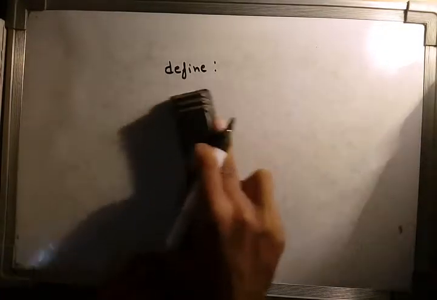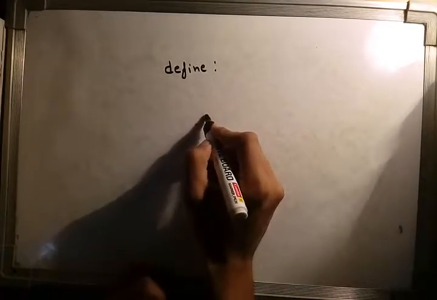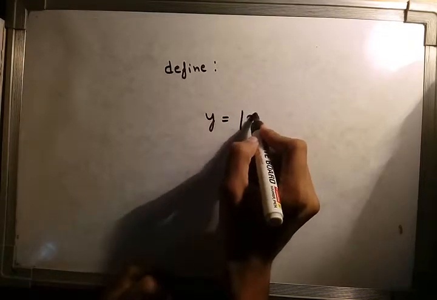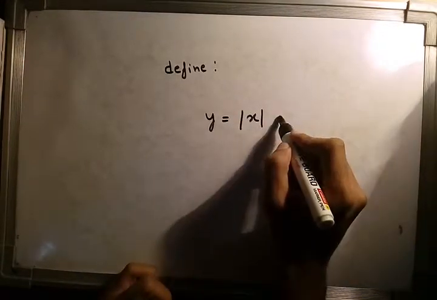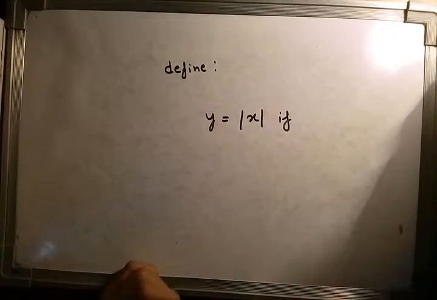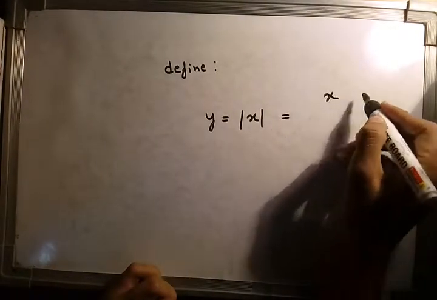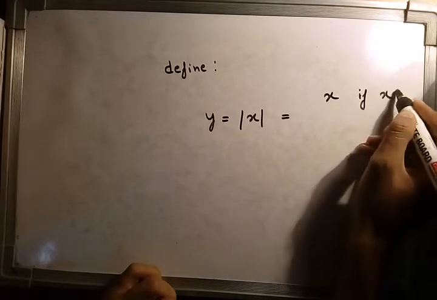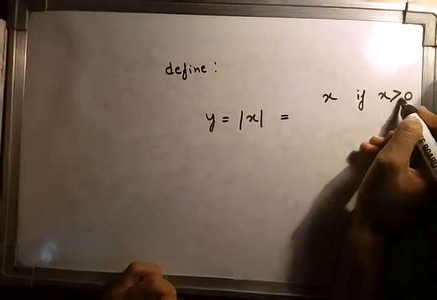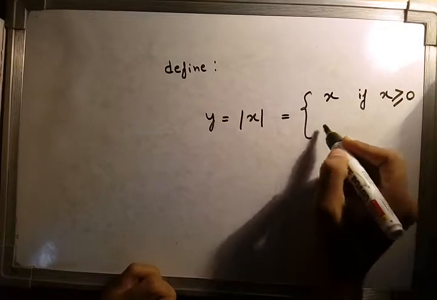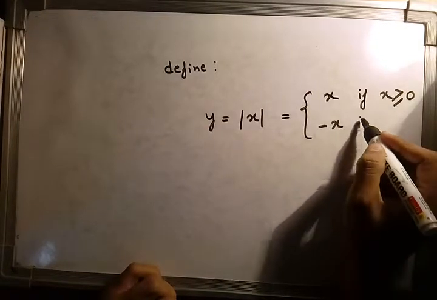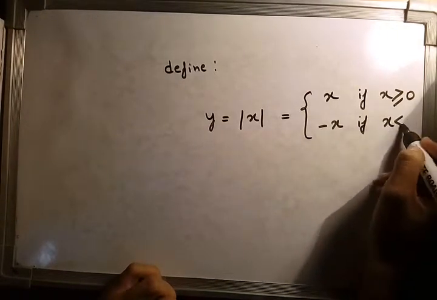So modulus function is stated like: y is mod of x, if y is mod of x, which is equal to x if x is greater than or equal to 0, or equal to minus x if x is less than 0.